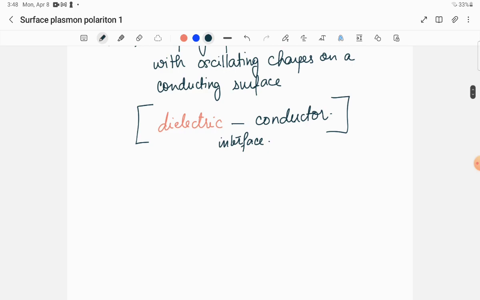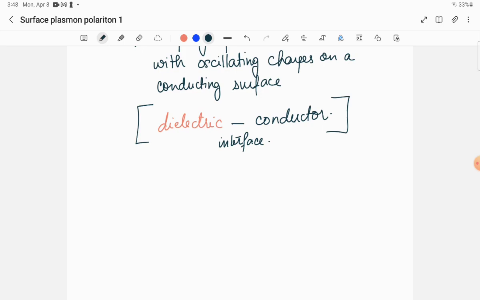It could be just the surface of a metal, where the metal forms the conductor while air is your dielectric, or you can deposit a dielectric on a metal and create your own interface depending on the dielectric constants you are looking for.